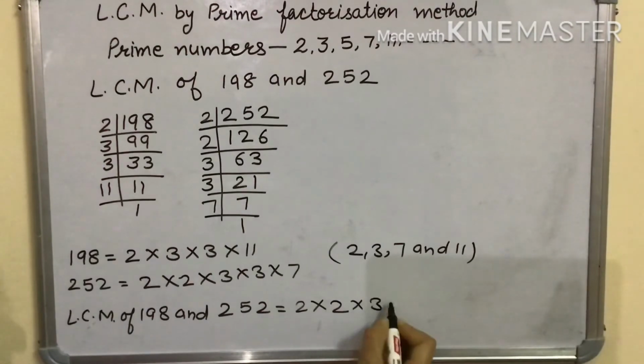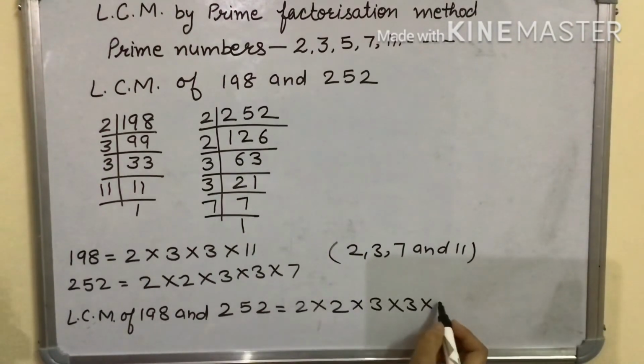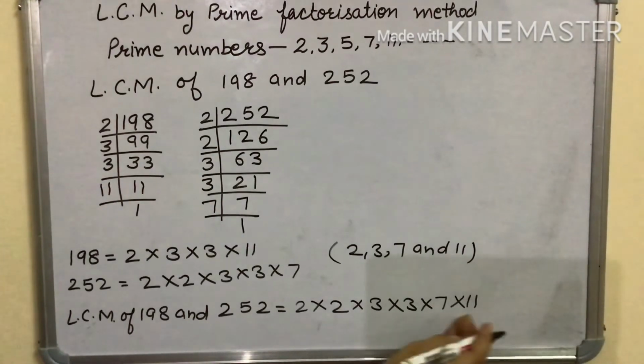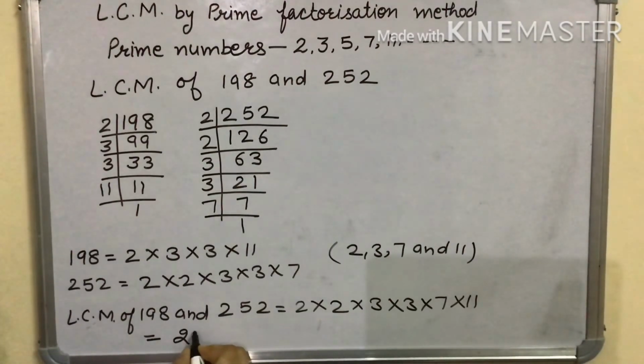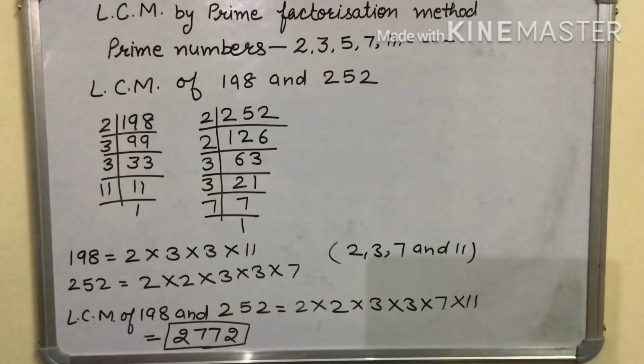So we will take 2 times 3 and 1 time 7 and 1 time 11. We will multiply all these prime numbers. So we get 2772. This is the LCM of 198 and 252.